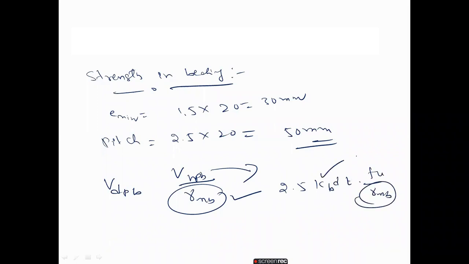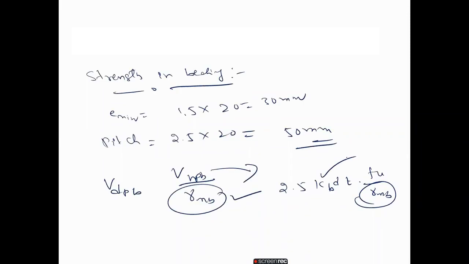Here first we have to calculate the KB value. We have already discussed this many times, that's why I am telling briefly. For the KB value, we have different conditions: E by 3 D naught, P by 3 D naught minus 0.25, then FUB by FU, and also 1.